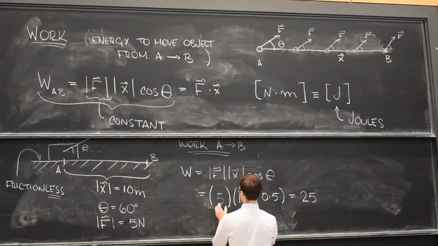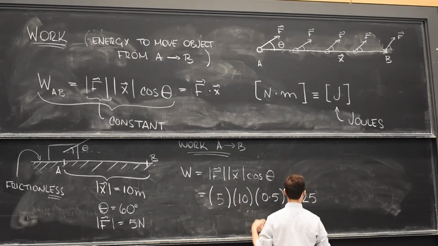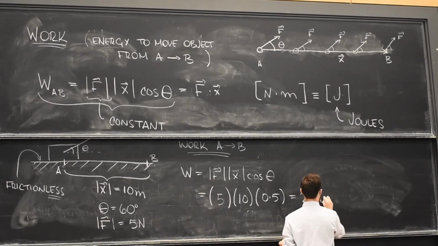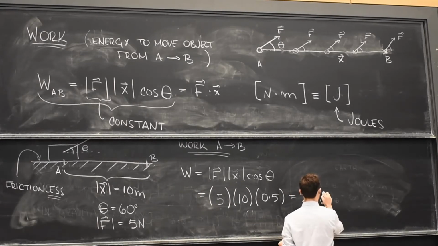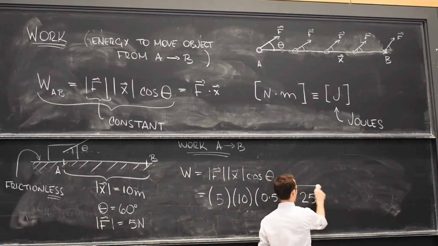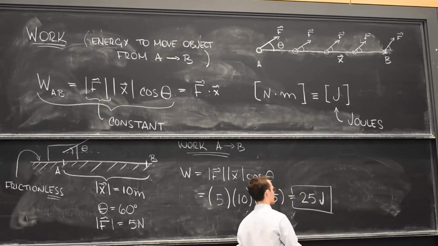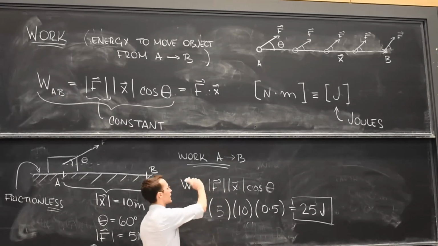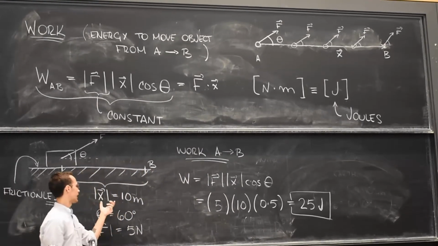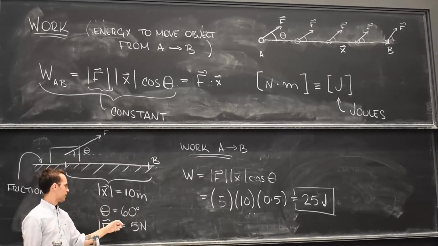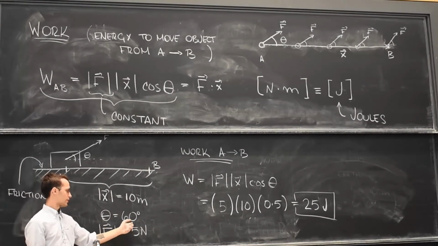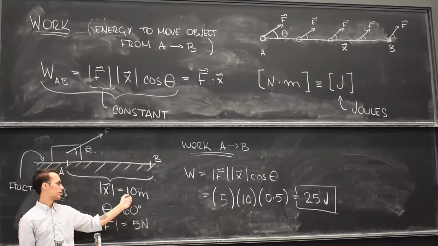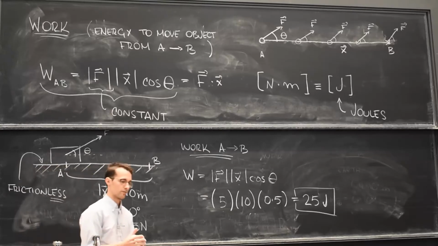This is newtons times meters, which we just found out was this new unit called joules. So that's how much work it would take to go from A to B, to push a box with some force of 5 newtons at an angle of 60, a distance of 10 meters.